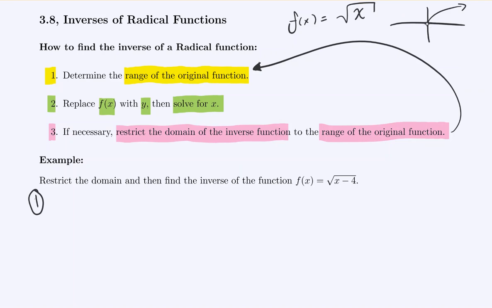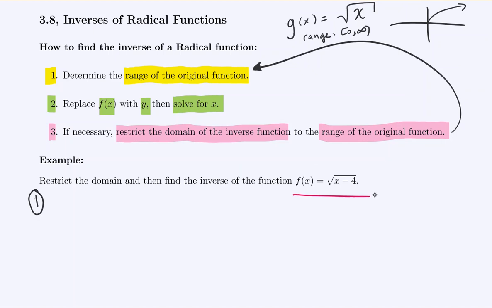So notice, as the x values increase, we see the y values, the range, increases. So here, for this general function, the range is 0 to infinity, because as the x values progress, we will pass through all positive y values, and we started at the y value equal to 0. But what is our expression, and maybe I'll call this g of x, since this is f of x.